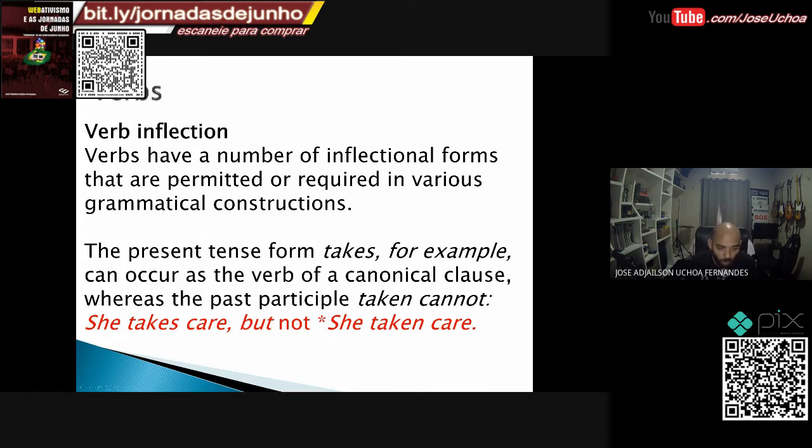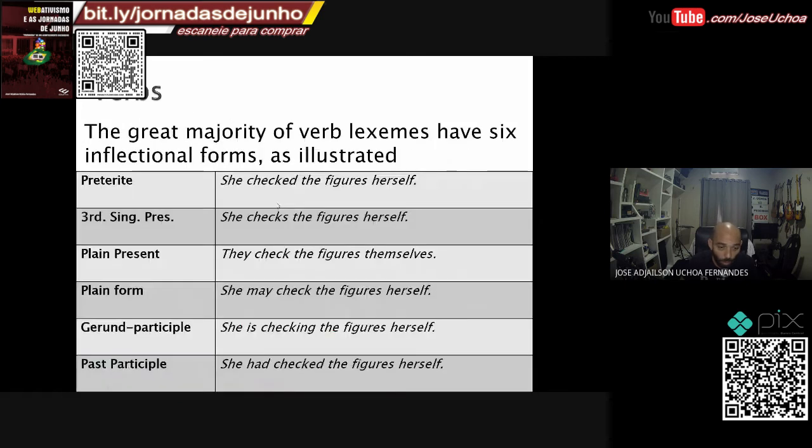So the notion of an action in the present will require the appropriate use of the different verb inflections that we have available. Okay, so we have these inflections over here. The great majority of verb lexemes have 6 inflectional forms.